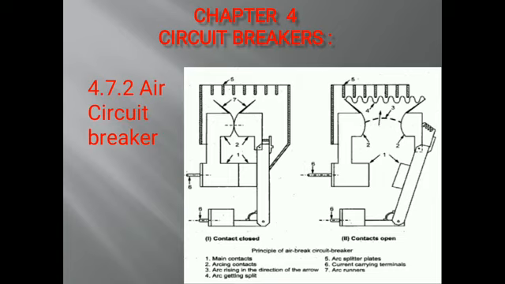The arc travels through arc runner. Further, it moves upward and is split by arc splitter plates. Due to all this, finally the arc gets extinguished as the resistance of arc is increased.